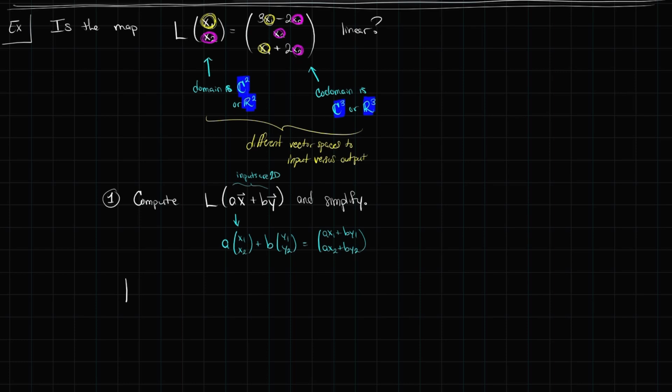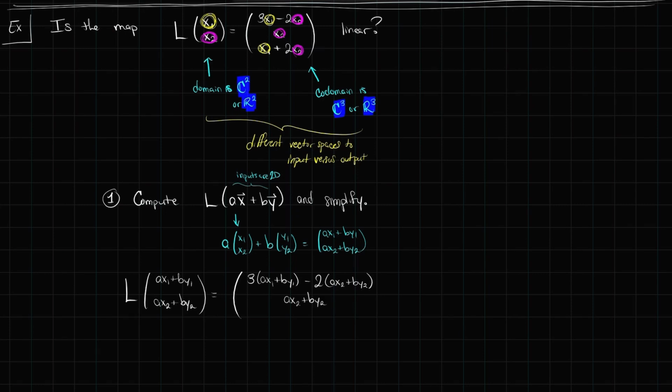And so I can compute L of (ax1 plus by1, ax2 plus by2) using my placeholders as 3 times the first entry, which is ax1 plus by1, minus 2 times the second entry, which is ax2 plus by2. And then in the second row, I just have the second entry, which is ax2 plus by2.